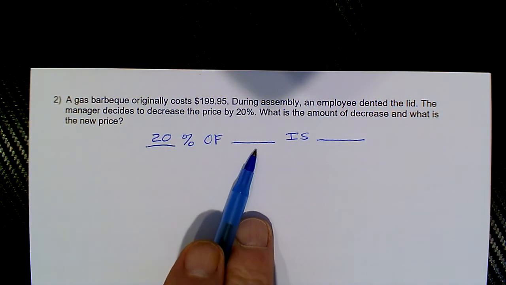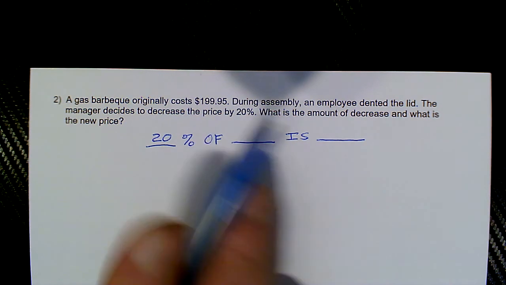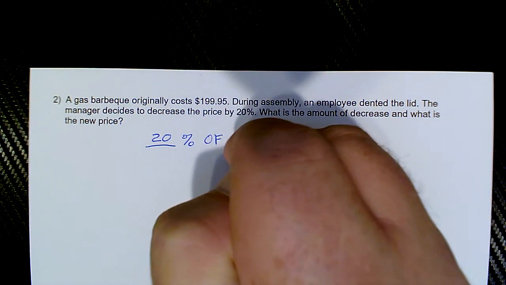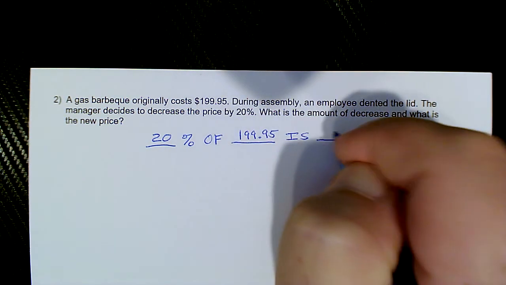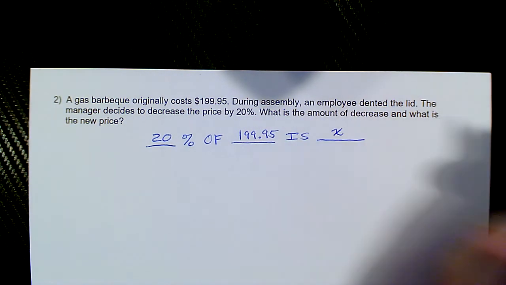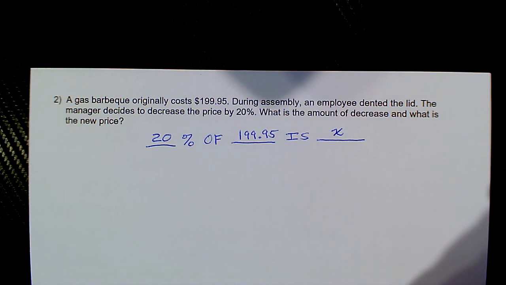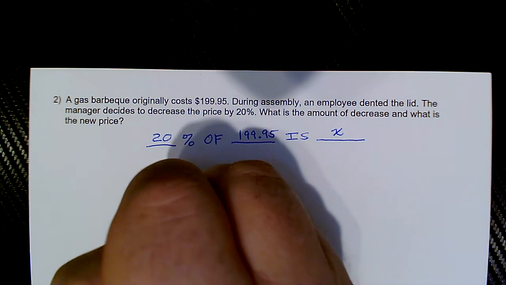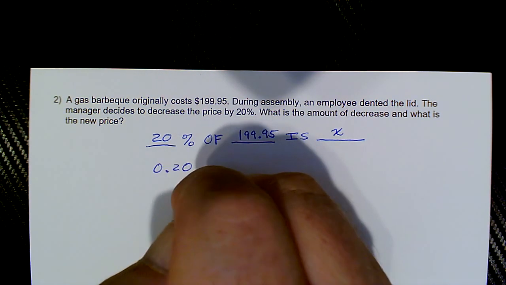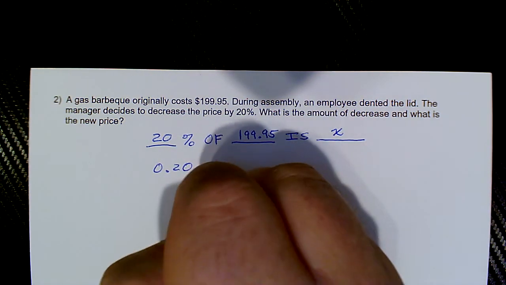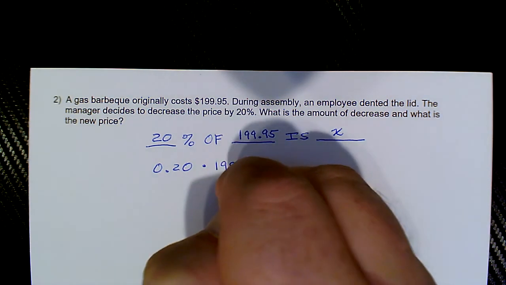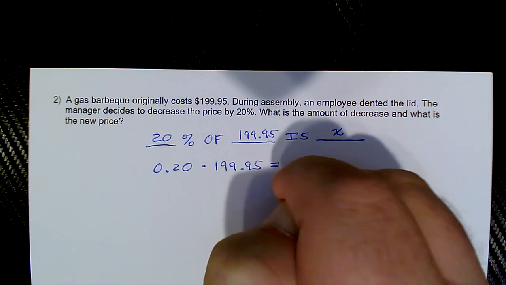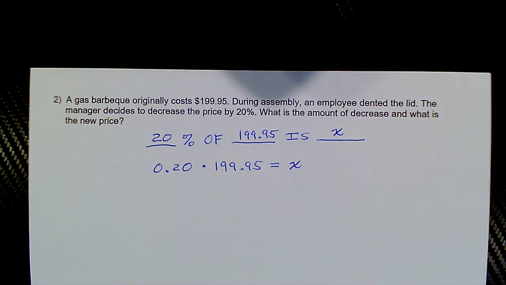Remember, the base is the purchase price, basically the original price of the item, and that's the given, the $199.95, and so we're looking for the part or the portion that is going to be decreased. So again, change the percent to a decimal, so 0.20. Of means multiplied by the $199.95 is means equals, and that's the part, the amount of decrease.